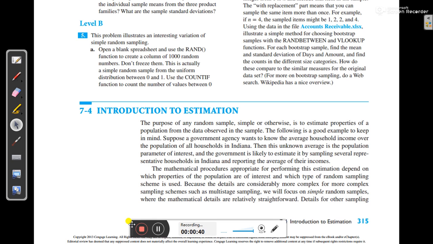So suppose a government agency wants to know the average household income over the population of all households in India. This unknown average is the population parameter of interest.